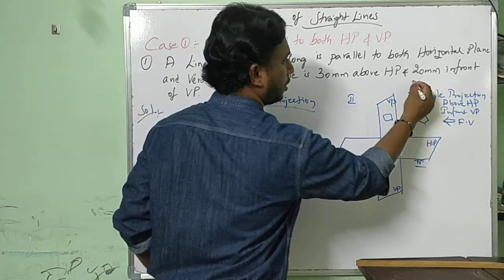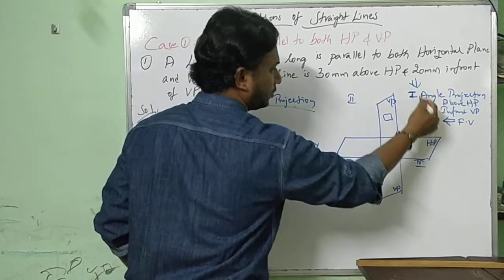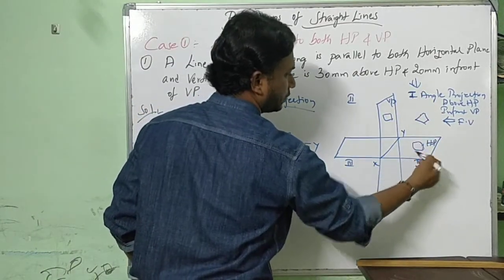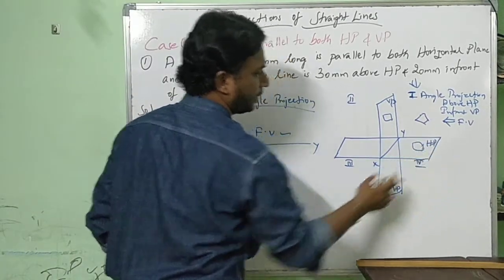Now the same to draw the top view. When you are looking from the top, the object projections will fall on the top view, which is nothing but the horizontal plane.